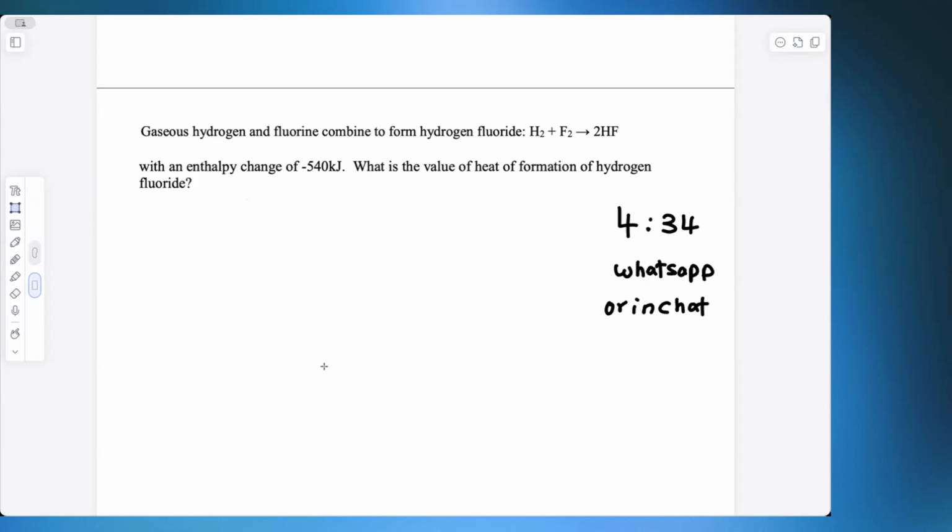Some people will feel that, oh, I already have the equation with minus 540, but minus 540 is an enthalpy change, while the formation of hydrogen fluoride is different. You can find the answer from the definition of the heat of formation of hydrogen fluoride. We know that this is not the same value. This is something different. Okay, so let's keep trying to answer.